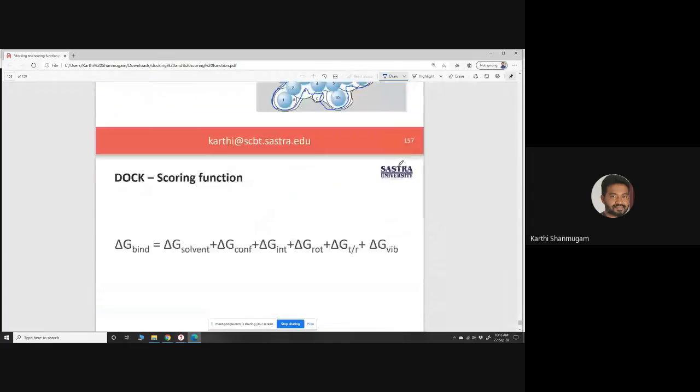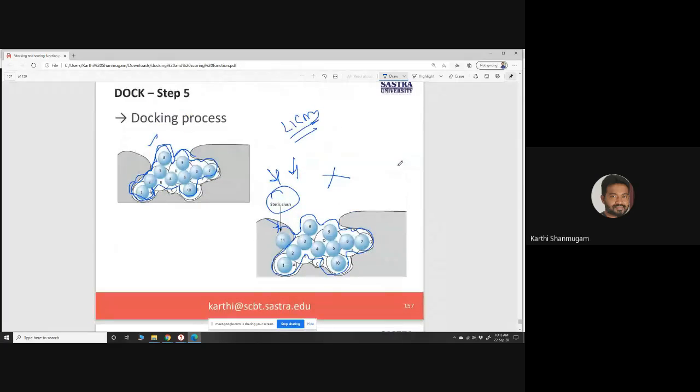Once you fit this, the next step is that we have to calculate the energy or score for that fit. Again, you have to remember the previous lecture in which I talked about two important complementarities. One is shape complementarity, and the other is stereoelectronic complementarity.